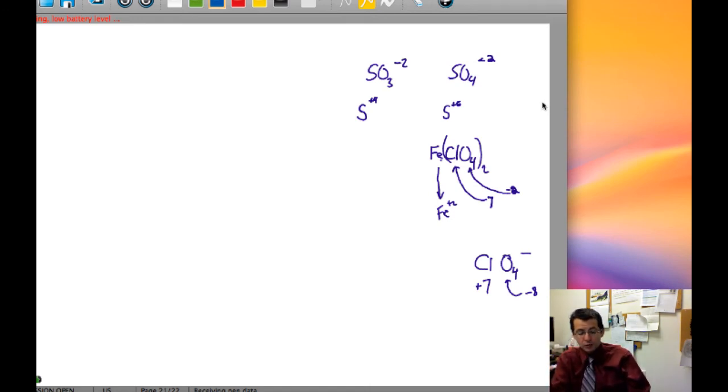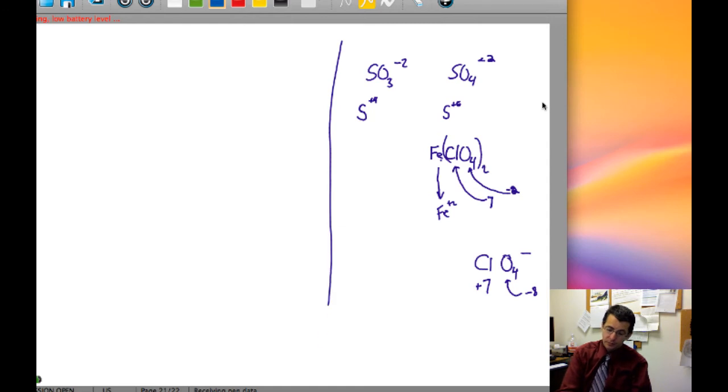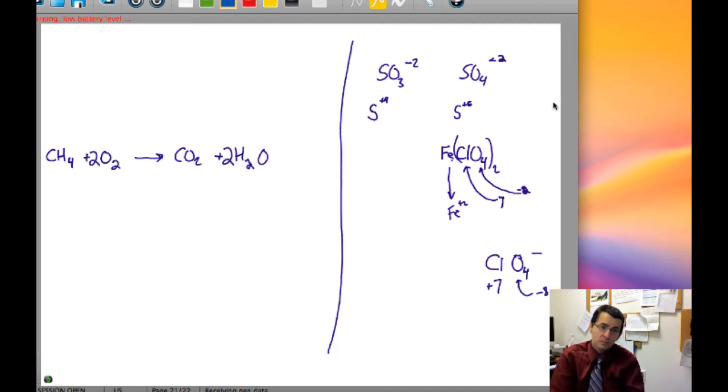So going back to redox reactions, redox reactions involve changes in the oxidation number. Take a look at this combustion reaction. And while there's no obvious change in charge, if we look at the oxidation number, we see that the oxidation number of the hydrogens traditionally is +1.